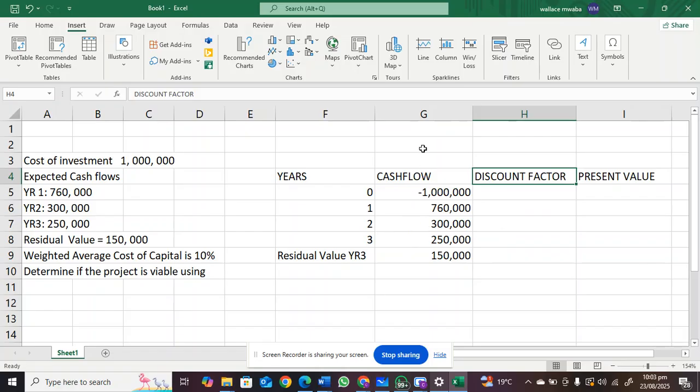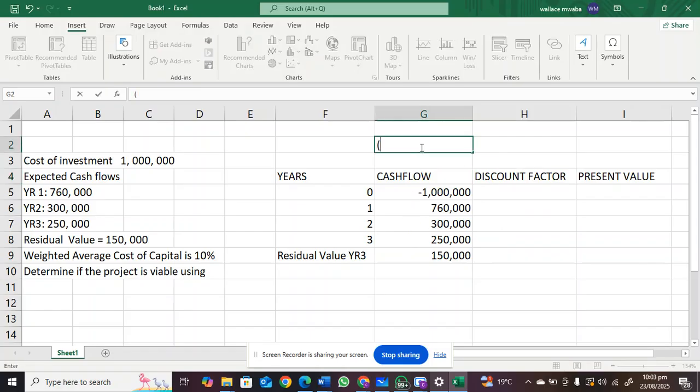Remember, the discount factor is 1 plus r, which is the discount rate, to the power negative t. So in this case, our rate is 10%. So it's 1 plus 0.1 to the power negative t, which simplifies to 1.1 to the power negative t.